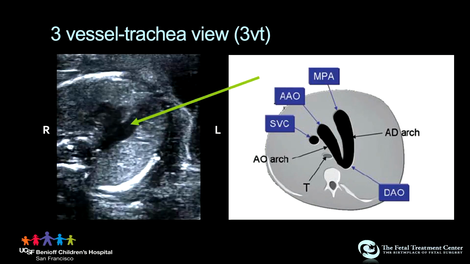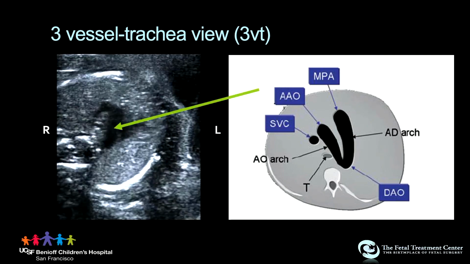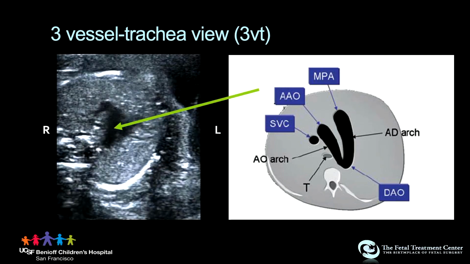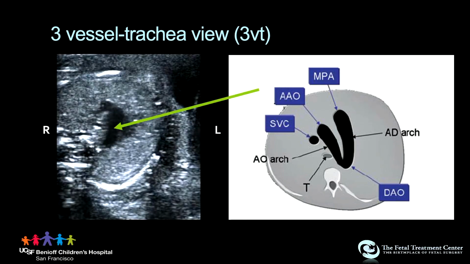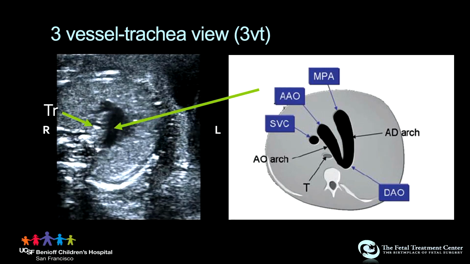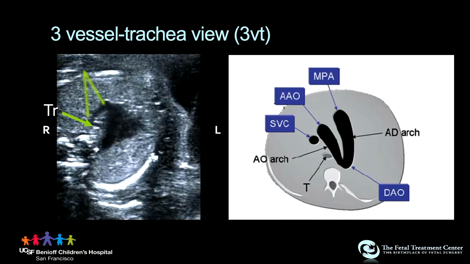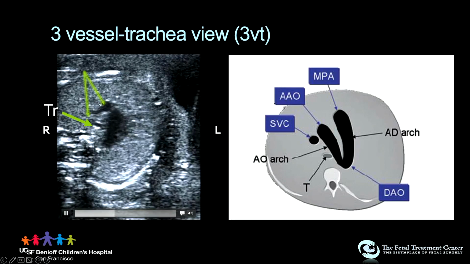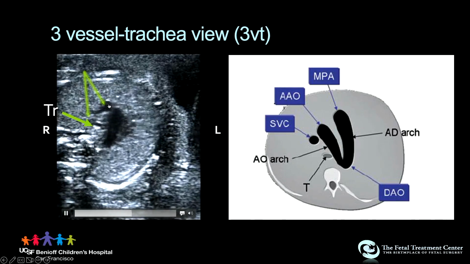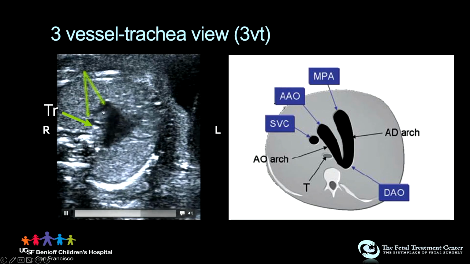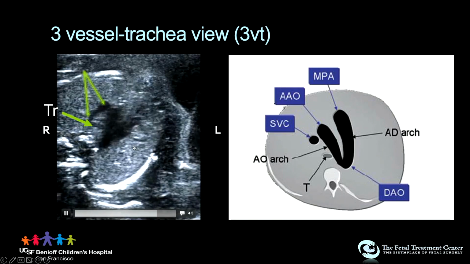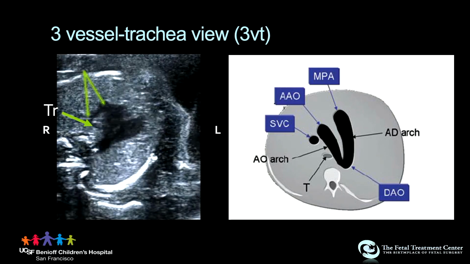So let's see, I think I have some arrows here. Going from left to right, there's your ductal arch, there's your ascending aorta, leading into the transverse aorta. There's your trachea. And then in this view, you can also see the azygous vein joining up to the superior vena cava here on the right. So again, it's a nice view to see this V of the arches going towards the left of the trachea, but also allows you to see the relative sizes of these different vessels to one another.